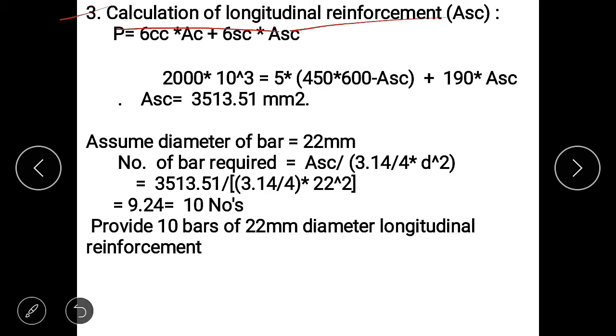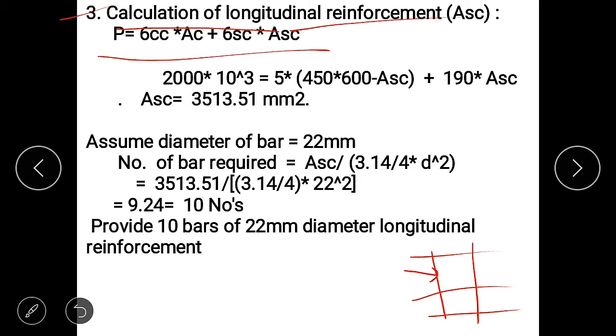Okay, so now calculation of longitudinal reinforcement. So we have to find here the bar diameter of longitudinal reinforcement, and lateral ties we have to calculate here. To calculate longitudinal reinforcement, firstly the formula is P equals sigma cc into AC plus sigma SC into ASC. P is already given, 2000 into 10 to the power 3 equals sigma cc is 5, AC means area of concrete.